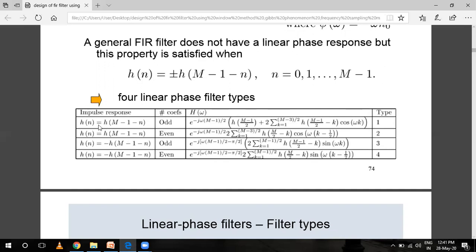The impulse response follows this formula, with coefficients odd or even, that is hn equals h(M minus 1 minus n) or hn equals minus h(M minus 1 minus n). Correspondingly, the value of H(ω) is given in this table.